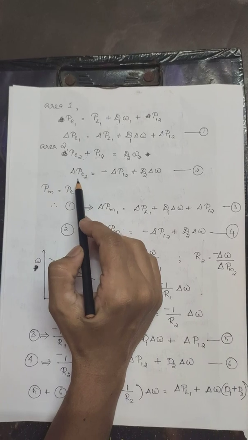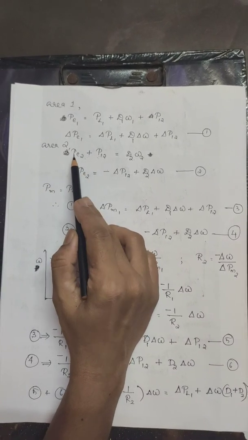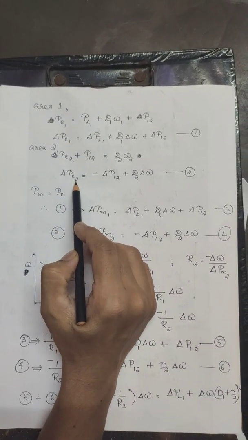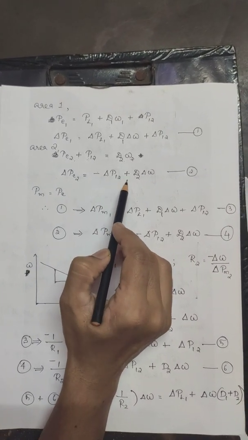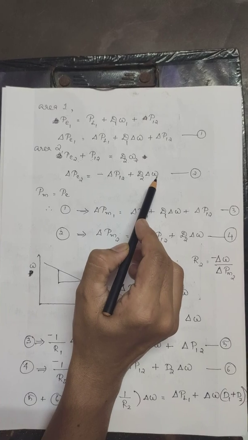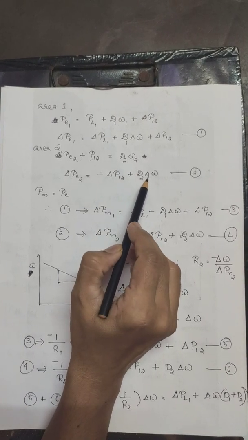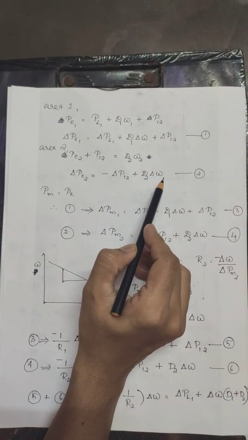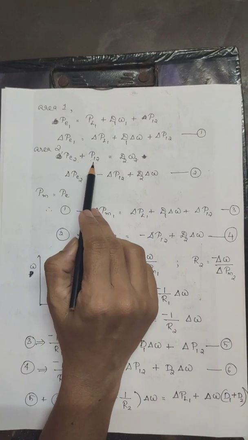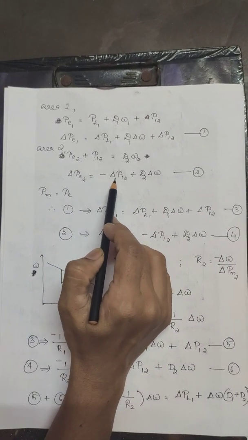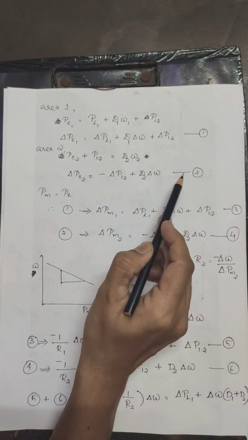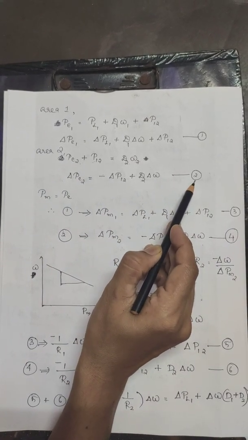So in terms of load change, this can be written as delta PE2 is equal to minus delta P12 plus D2 into delta omega. Delta omega 2 and delta omega are the same. So we have taken P12 to the right hand side. So here it is minus delta P12. So this is marked as equation number 2.